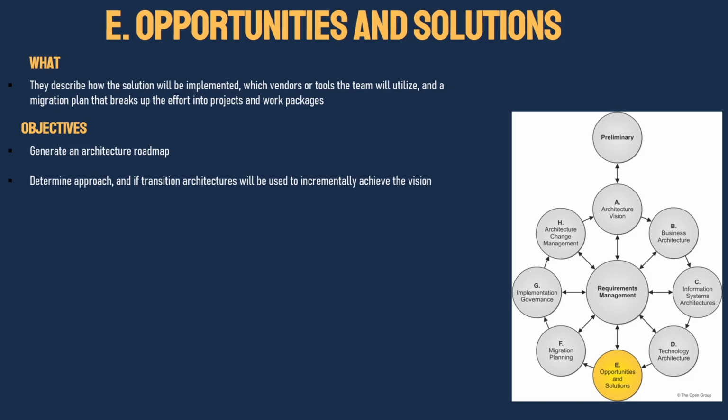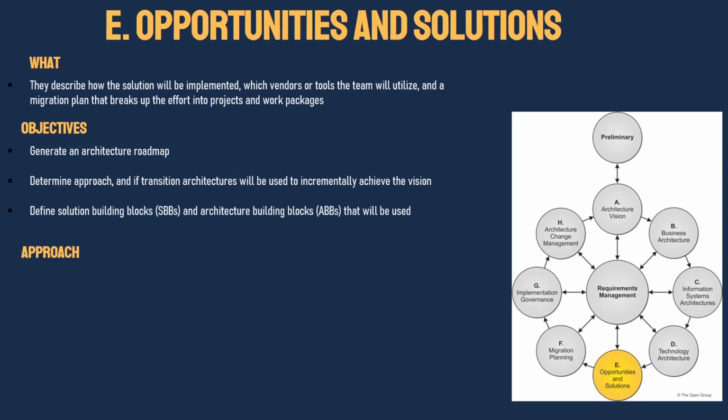Sometimes building a house is really tough, but if you break it down into the rooms, it makes it all happen a lot easier, and that's what opportunities and solutions are all about. Within this, we also define our solution building blocks and our architecture building blocks that are going to be used so that we can create our vision.